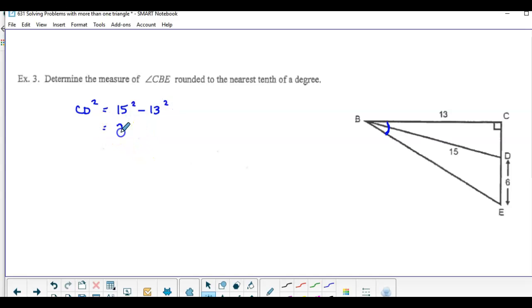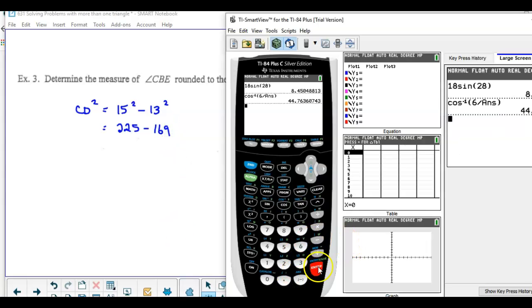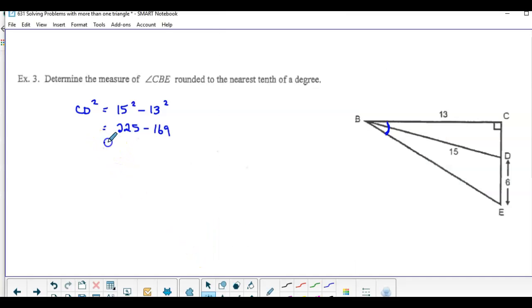Okay, so that's going to be 225 minus 169. I want to just make sure I do this. So 225 minus 169 is 56. Okay, so CD is root of 56.